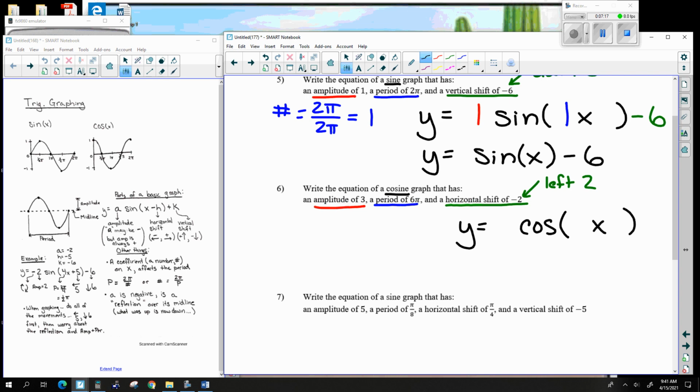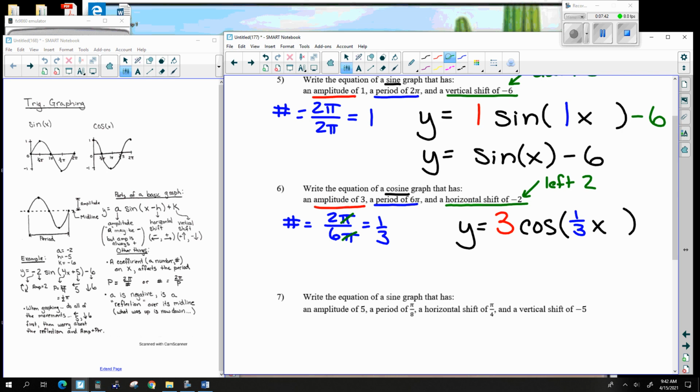Okay, amplitude is 3. That's the easiest one. It's literally that outside number. Period of 6 pi. So that inside number is going to be 2 pi divided by the period. So here I see the pi's cancel out. 2 divided by 6 is 1/3. So the inside number is 1/3.